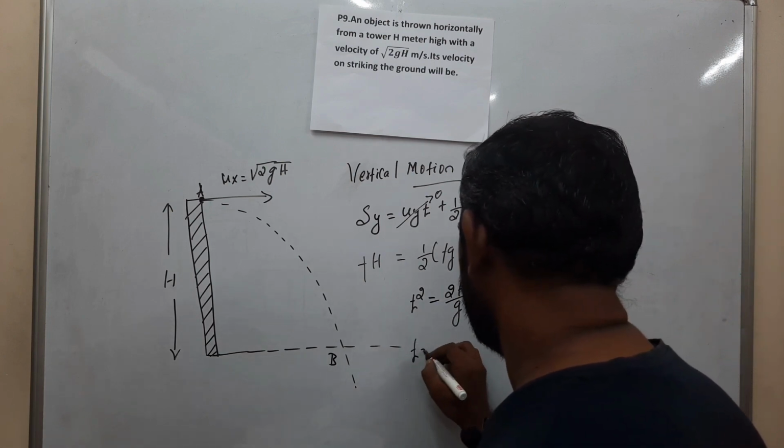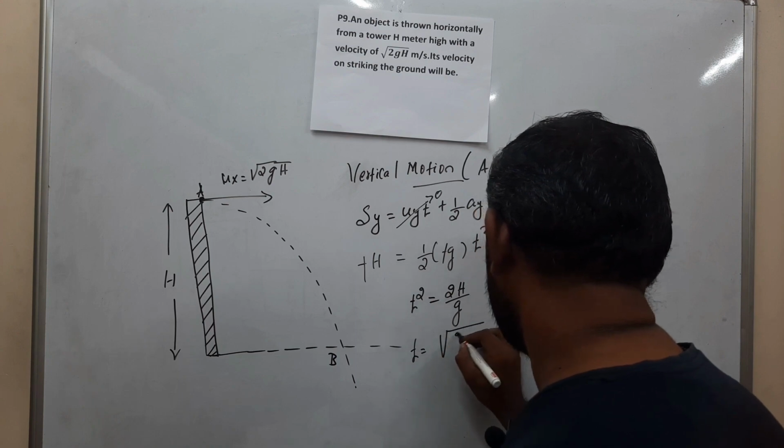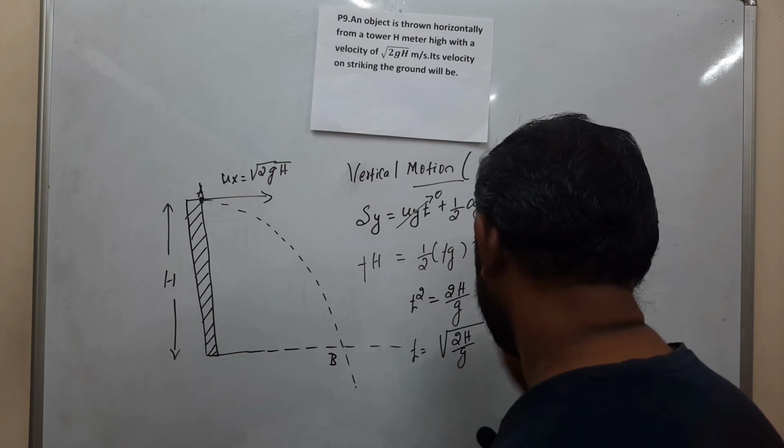So t is equal to root of 2h divided by g.